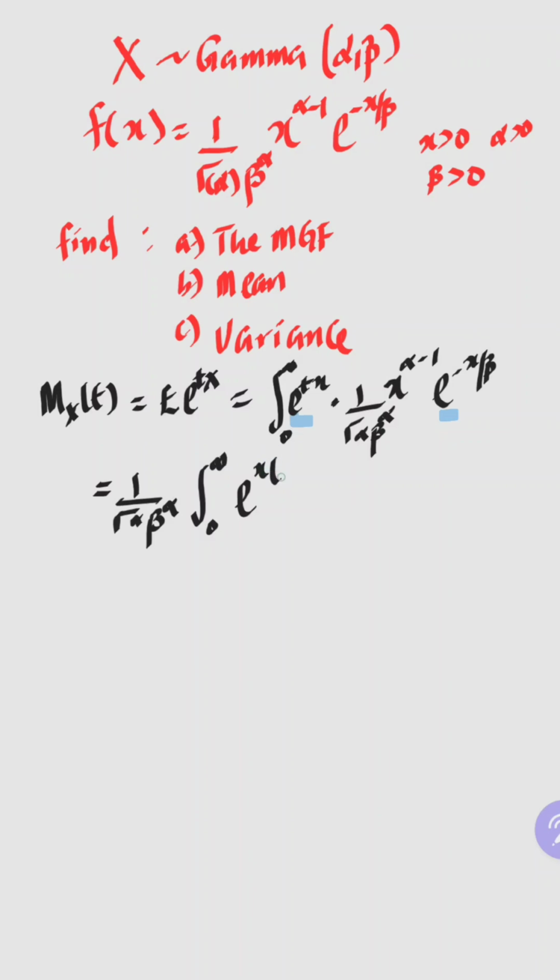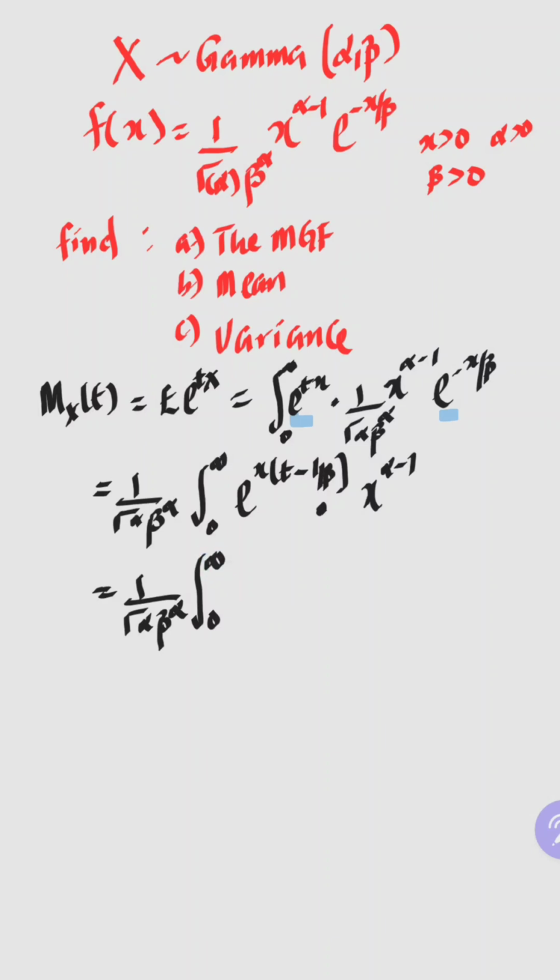Factor out this x, we have t minus 1 over beta, multiplied by x to the power of alpha minus 1.